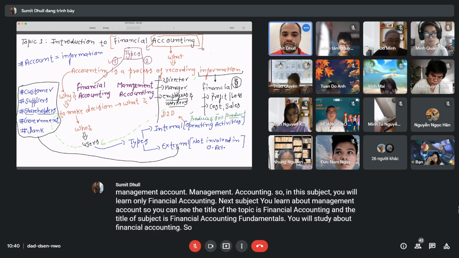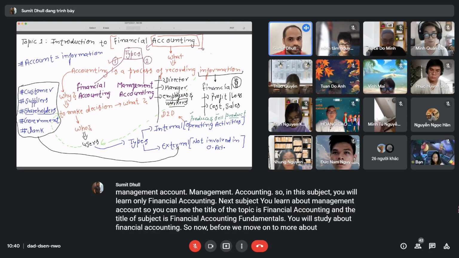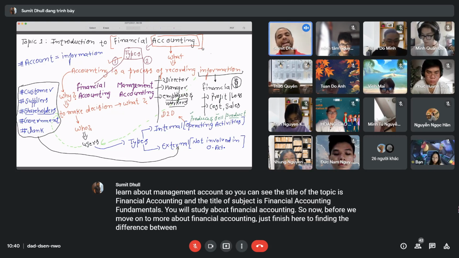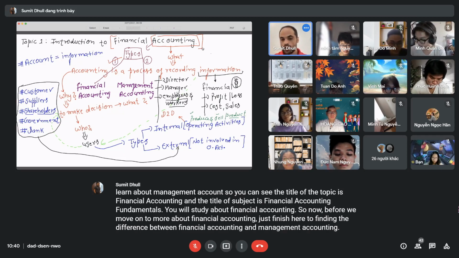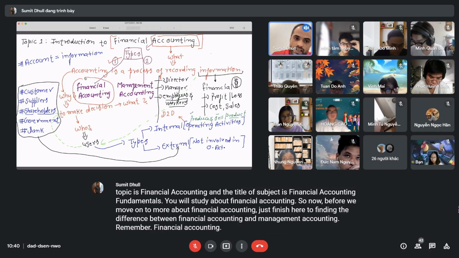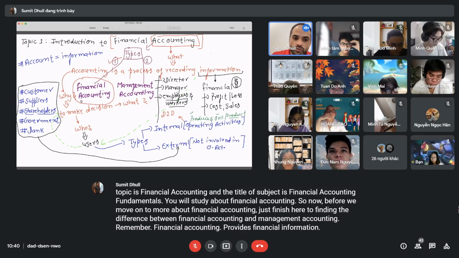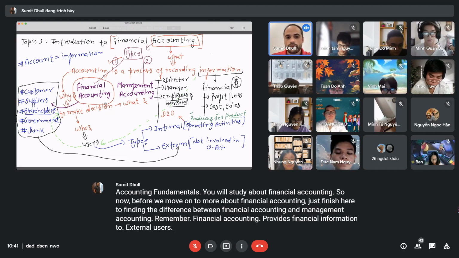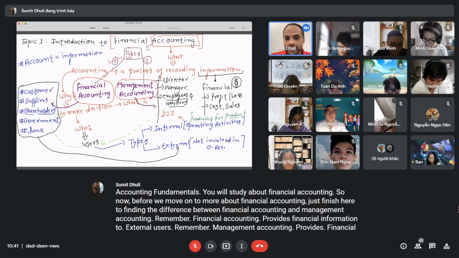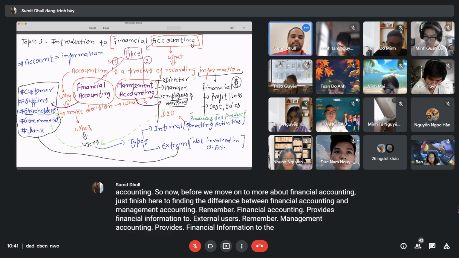Before we move on to more about financial accounting, let's finish here by finding the difference between financial accounting and management accounting. Remember, financial accounting provides financial information to external users. Remember. And management accounting provides financial information to the internal users.